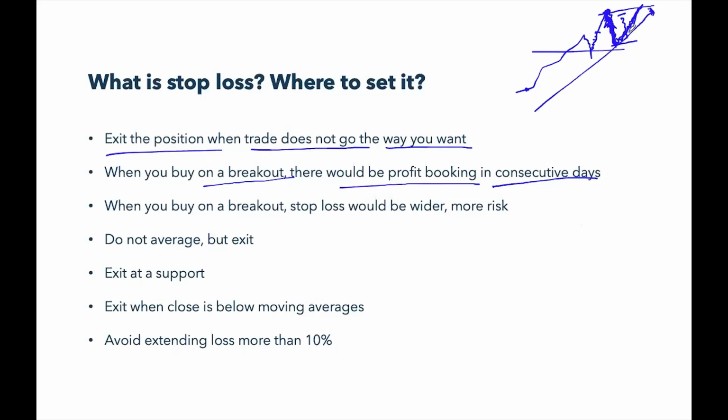But when these strong players exit their positions, there would be very strong selling in a very short time span. So that is why we will require a stop loss somewhere here.